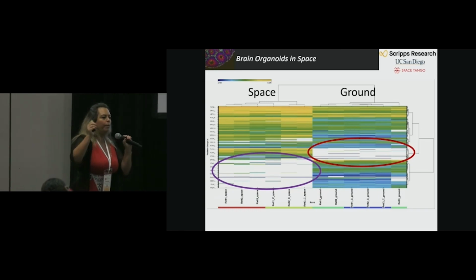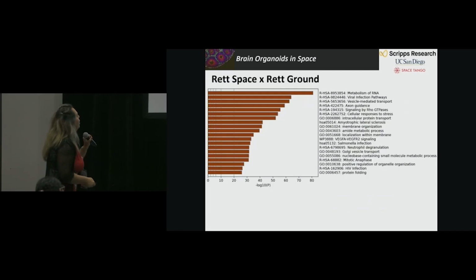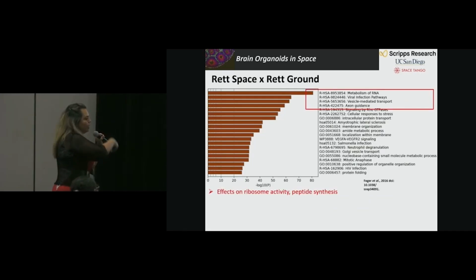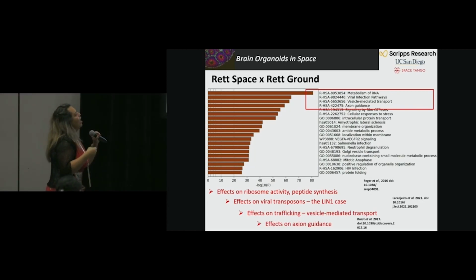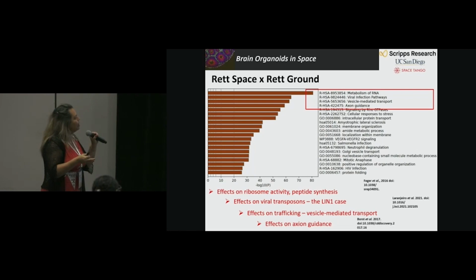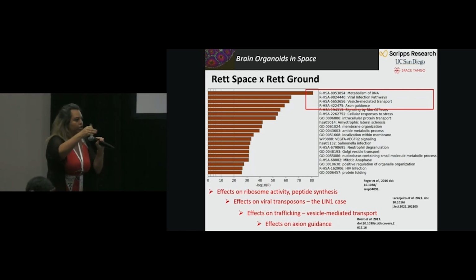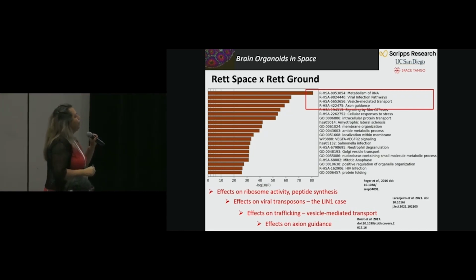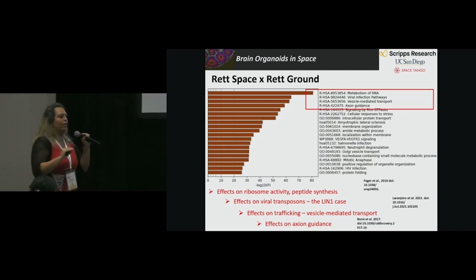Remember that we are comparing brain organoids that had the same syndrome, Rett syndrome. So again, in this experiment comparing microgravity and ground, we see a lot of proteins related to the metabolism of RNA, transposons again, but not being the first enriched biological function. And we are also seeing vesicle-mediated transport proteins related to this gene ontology, and axon guidance.